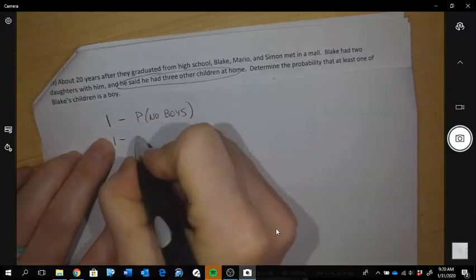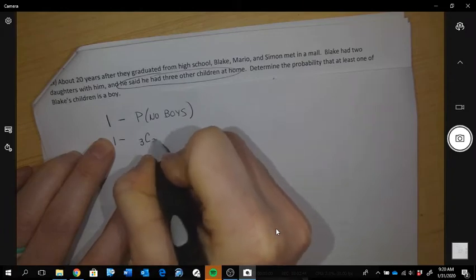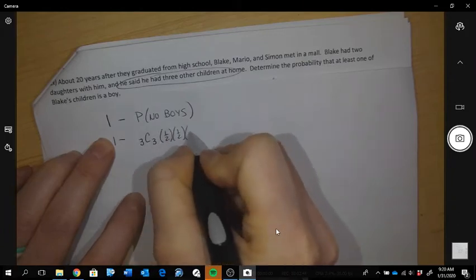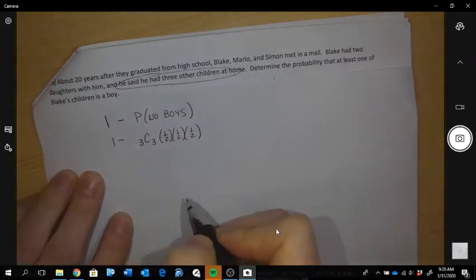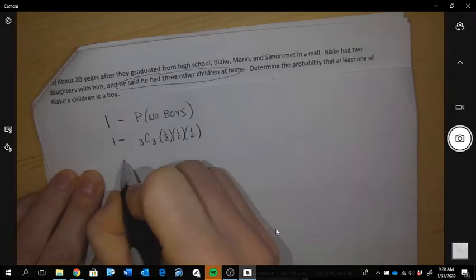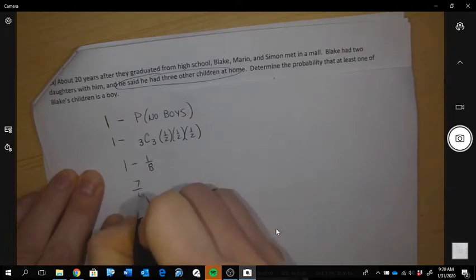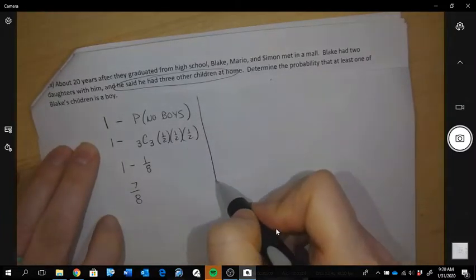Okay, so if you had your 3, choosing your 3 to be all girls. So the probability of a girl is 1/2. So that's 1/8. So the probability is 7/8 that at least one of them is a boy.